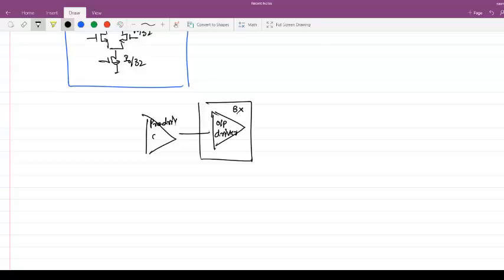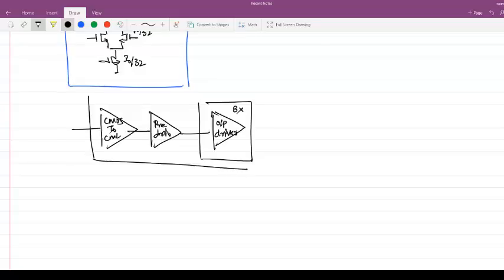So this is only a single driver, and then you have a CMOS to CML converter. So this is one cell. And if I want to realize a 32x size for the precursor, I will use 4 of these.